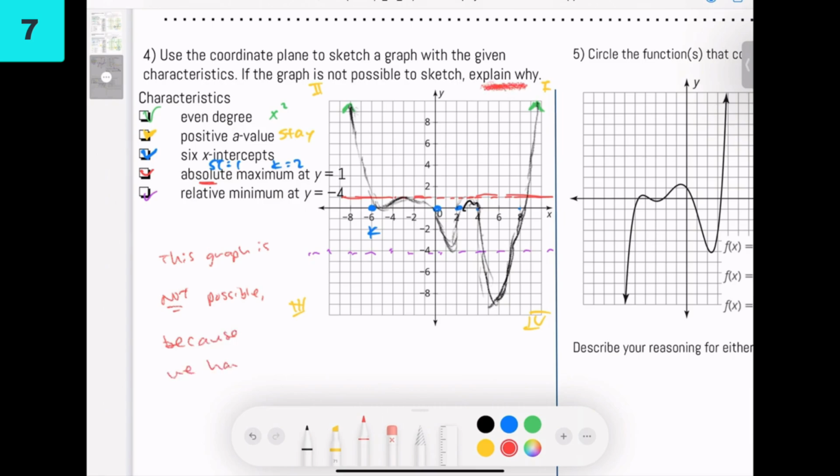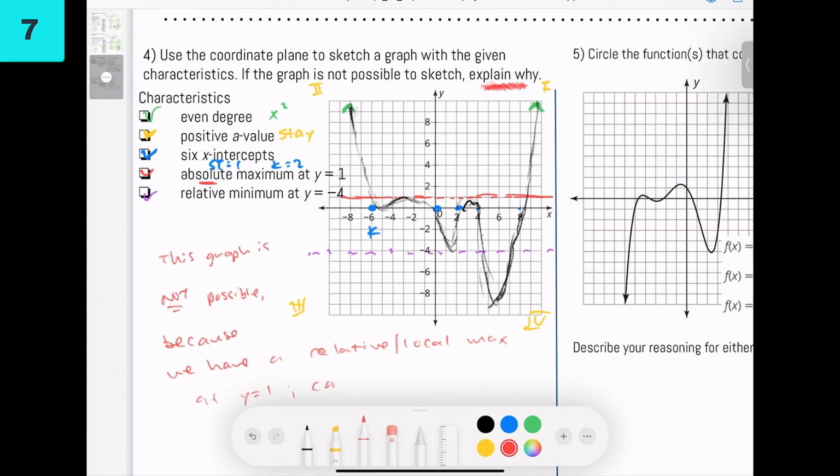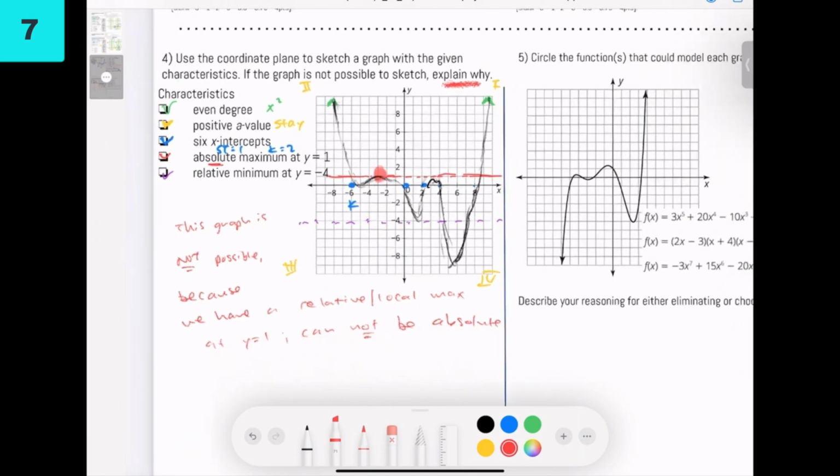We have a relative or a local max at y = 1. Cannot be absolute. Right, because we're saying at this point right here, the red dot, that has to be the highest mountain or part of the roller coaster, and that's not true because the roller coaster goes higher than that.